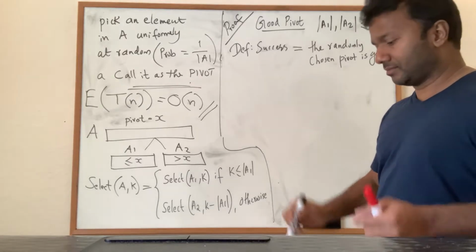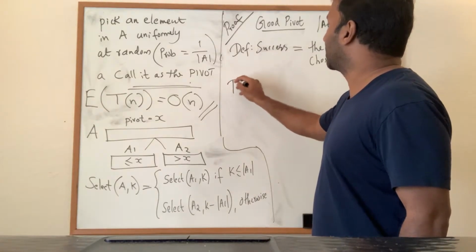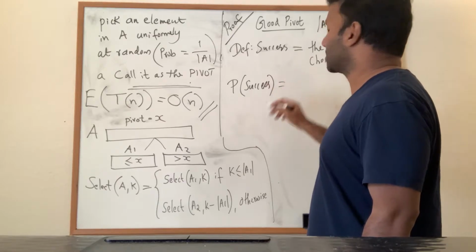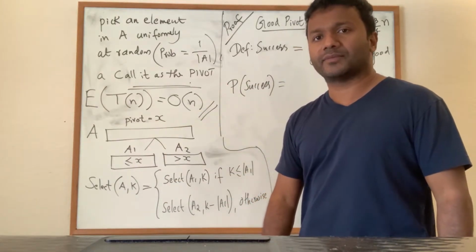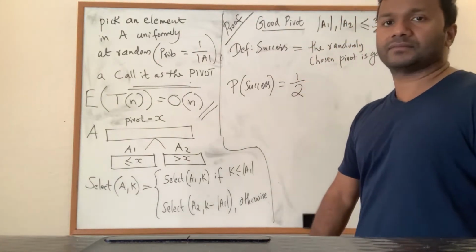Then I announce success. So what is the probability of success when I pick an element randomly? My claim is that this is going to be half.